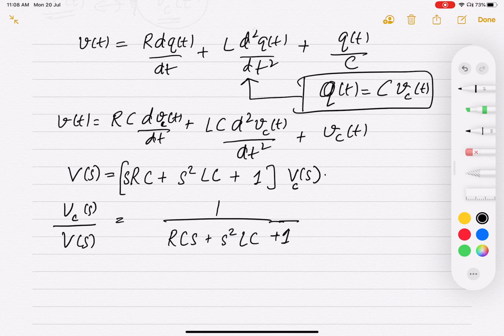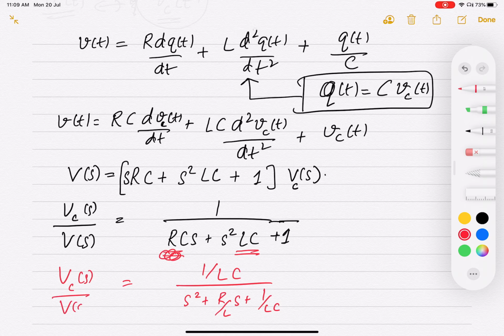And if you want to make the leading coefficient 1, which we generally do, so that the highest degree term in the denominator has a coefficient 1, you can divide the numerator and denominator by LC. So you get 1 by LC upon S square plus R by L S plus 1 by LC. So this is your VCs by Vs.